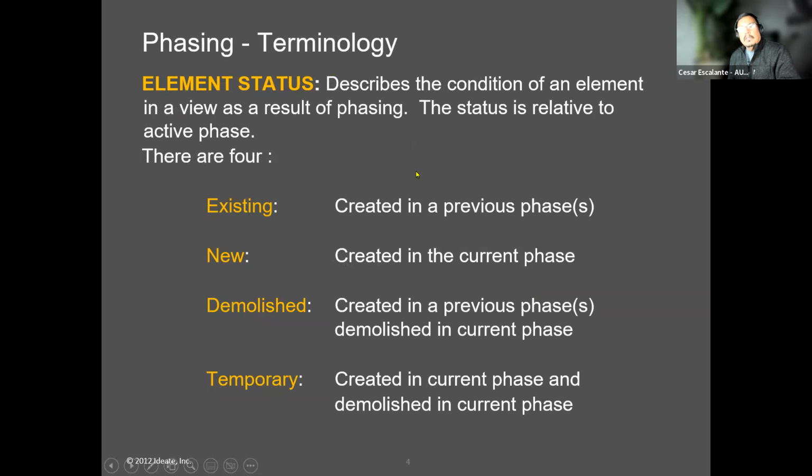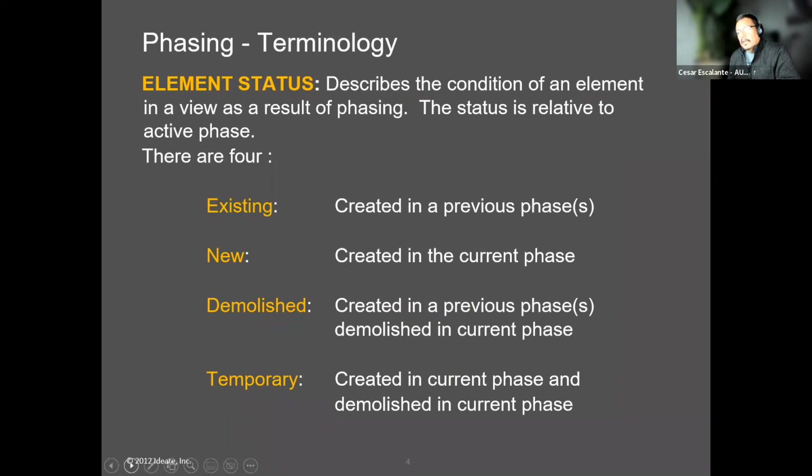Existing to remain, it's an existing object. A new object was created in the current phase. An object that is existing, but is demolished in the current phase, it's demolished, and then temporary is created in the current phase and demolished in the current phase. Any questions so far?